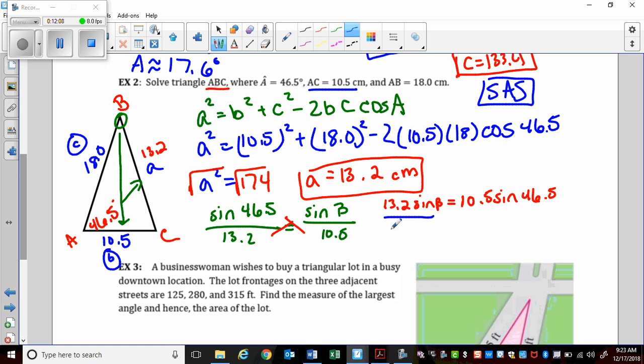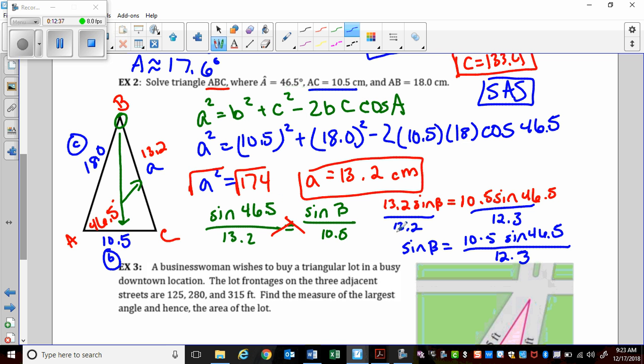I divide by 13.2, and I have to plug this in as a sine inverse since we're trying to find angle B. I can't divide by sine, so I have to take the sine inverse of both sides. So remember, we do second sine and then plug in this fraction. Remember, this is the dot, 46.5 and 13.2.